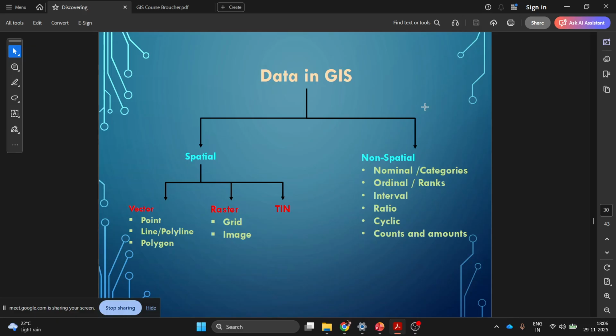There are also various other types, but these are some of the important data sets. Vector data consists of point, line, polygon, and raster data consists of grid and image, and TIN. TIN stands for triangular irregular network. Non-spatial data consists of nominal or categories, ordinal or ranks, interval, ratio, cyclic, counts, and amounts. I will also be telling what these types of data are.